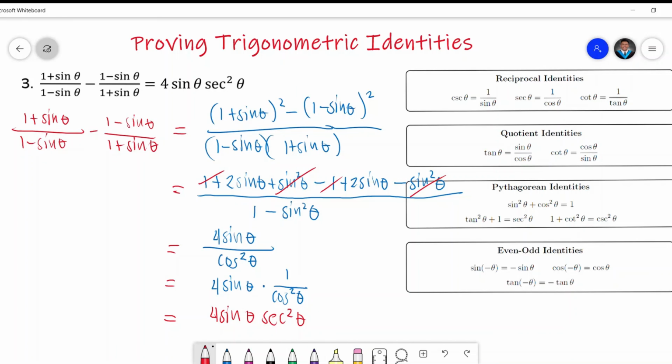And that's the end of our proof that the left side equation is equal to the right side equation.